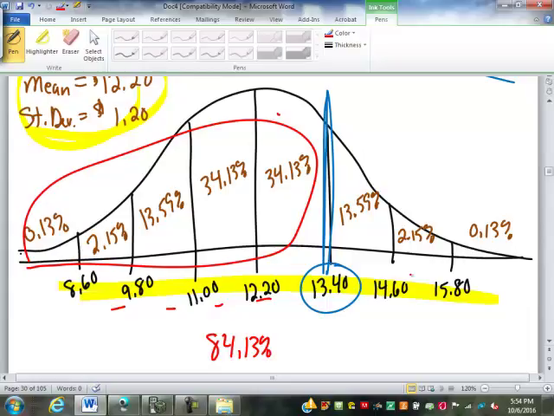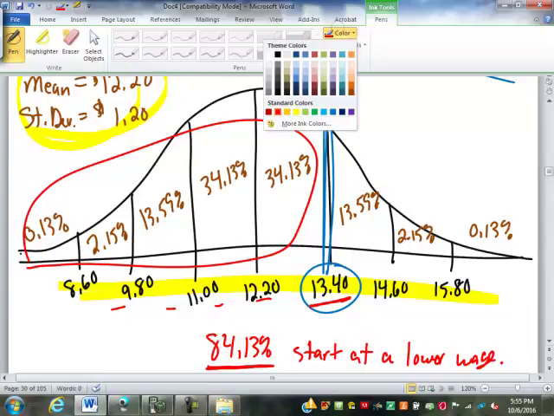That's saying that salary, $13.40, is bigger than or equal to 84.13% of all the starting salaries in that area. So in other words, 84.13% start at a lower wage. Would you be happy with that? You're better than 85% basically of people in that area? Sure.